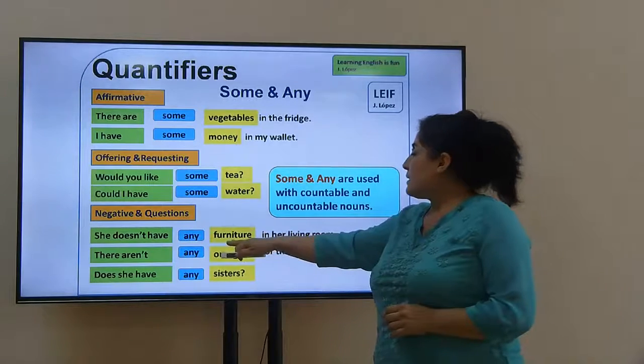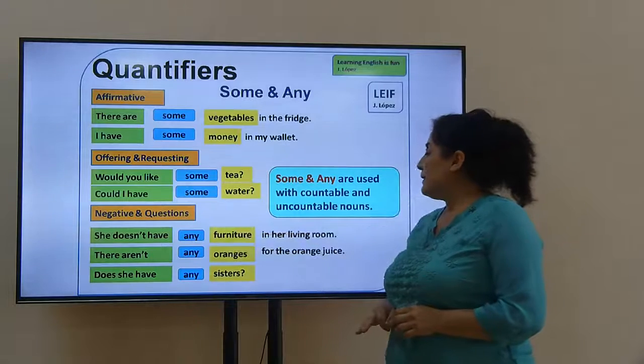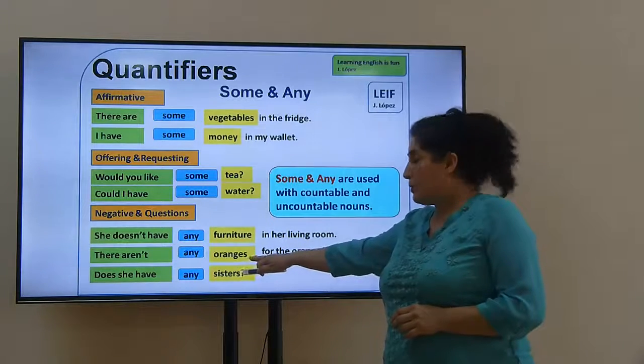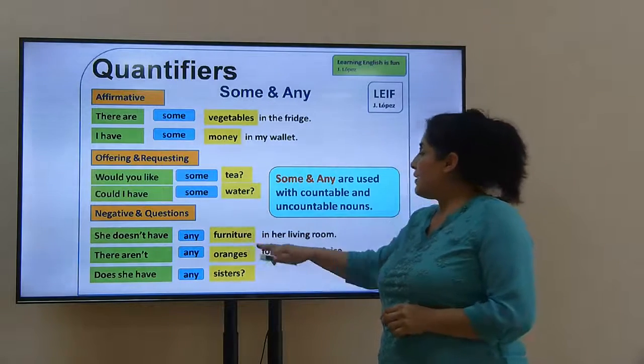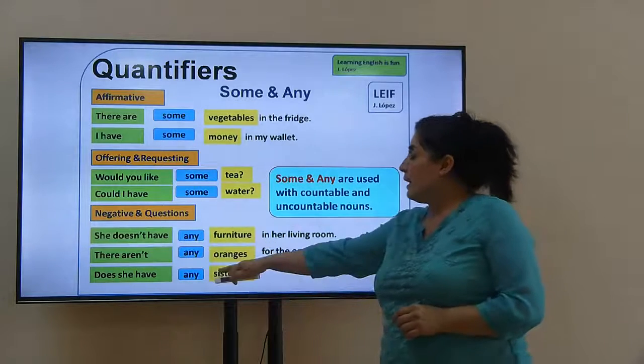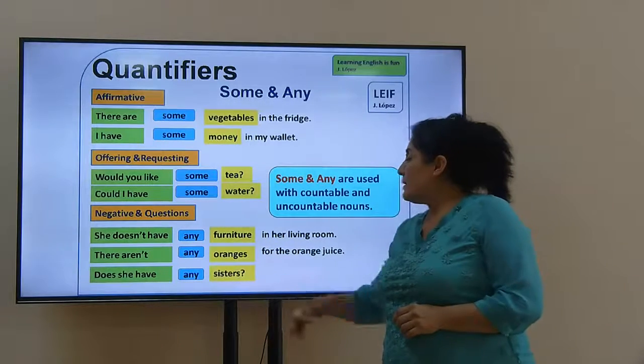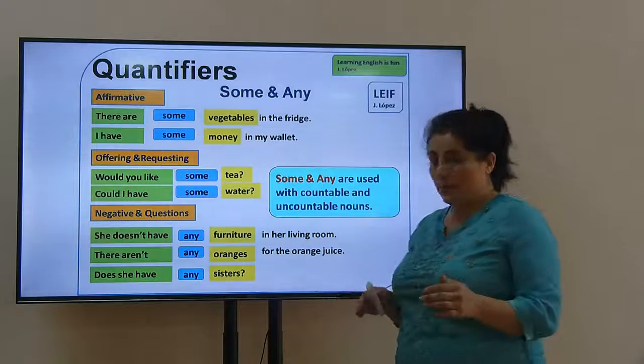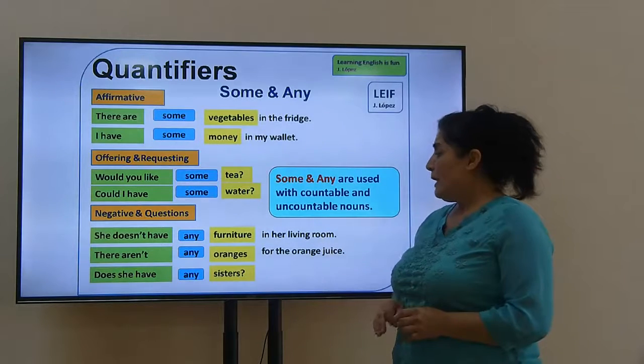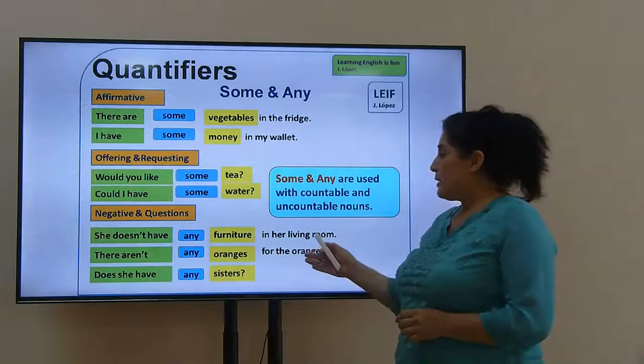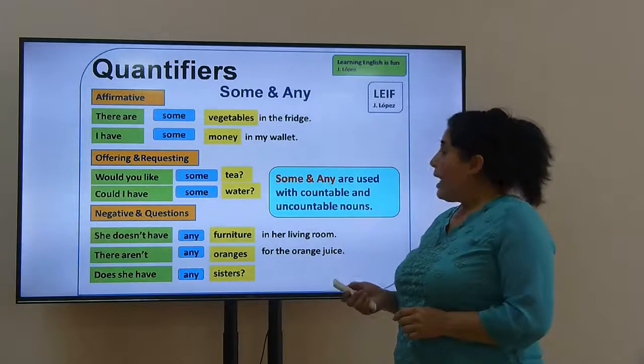In these sentences, furniture is uncountable and orange is a countable noun. These sentences are negative, that's why we use any. Does she have any sisters? Sister is a countable noun. It is question form, that's why we use any.